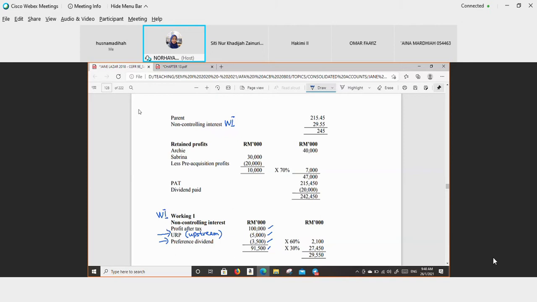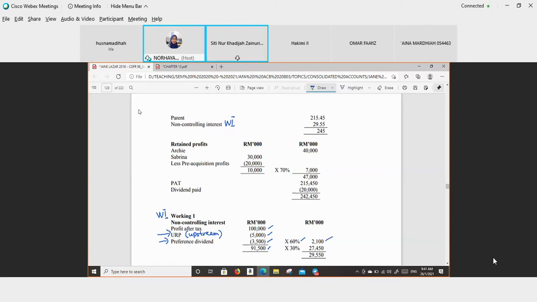So you have this total profit available to the subsidiary. So of the preference dividend, this one you times berapa? 60%. Kenapa 60%? Non-controlling interest for preference share. Yes, okay, out of this preference dividend, non-controlling interest is entitled for 60%. So 60% of the preference dividend belongs to non-controlling interest. So 2.1 million.